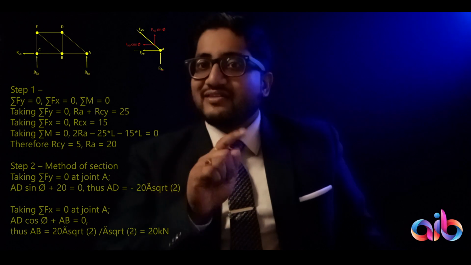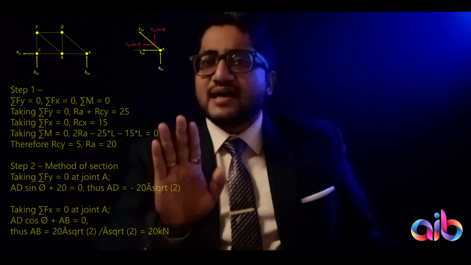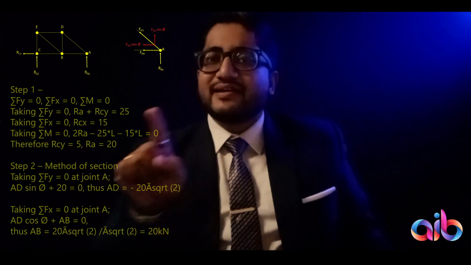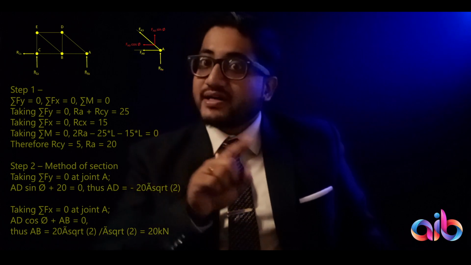And also this magnitude of 15, which is in the x direction, is ultimately trying to rotate the entire truss system around point C in the clockwise direction. Clockwise we were considering negative, so we'll take negative for the magnitude of clockwise movement.